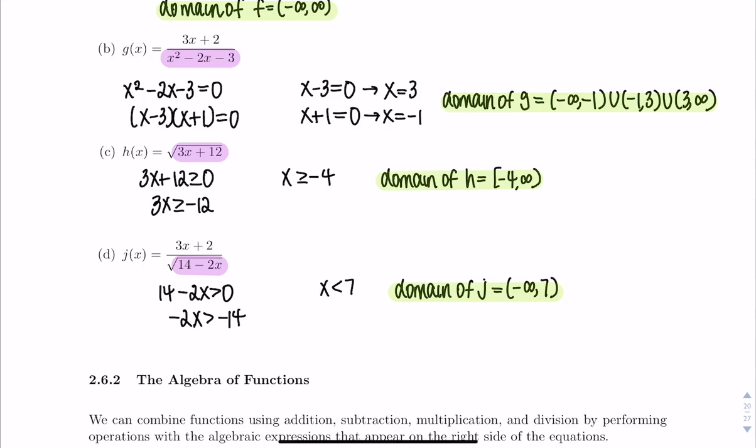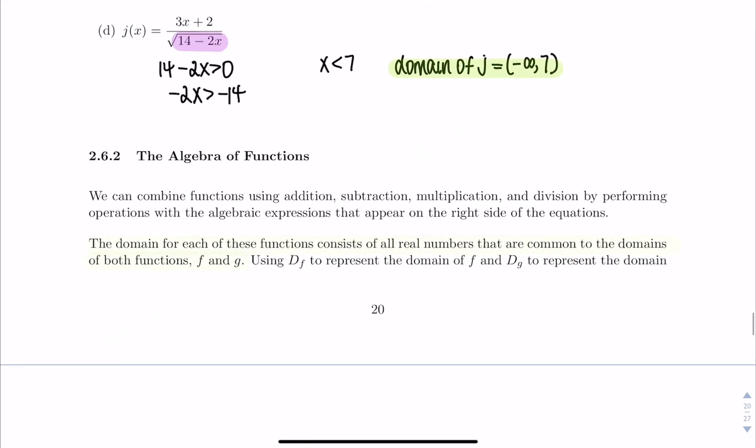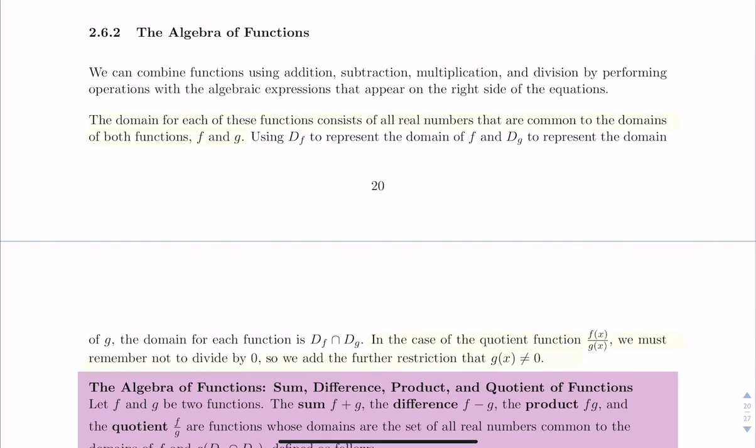So we can do algebra on functions. We can combine them using addition, subtraction, multiplication, and division by performing operations with the algebraic expressions that appear on the right side of the equation. The domain for each of these functions consists of all real numbers that are common to the domains of both the functions.